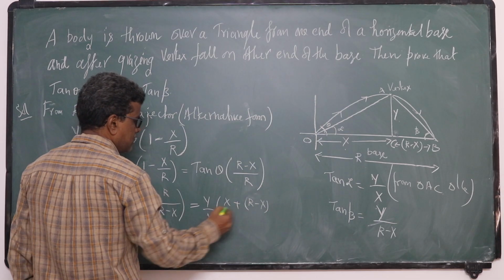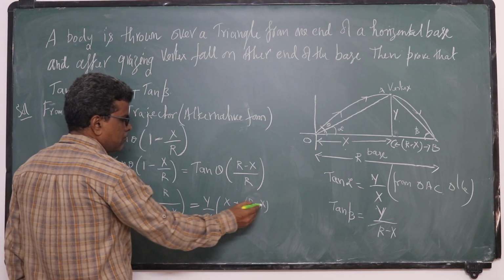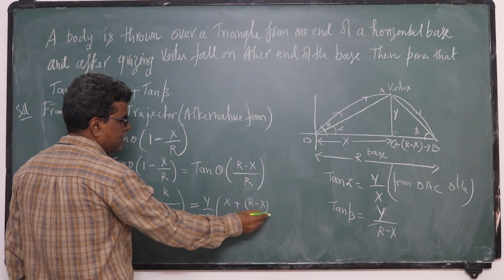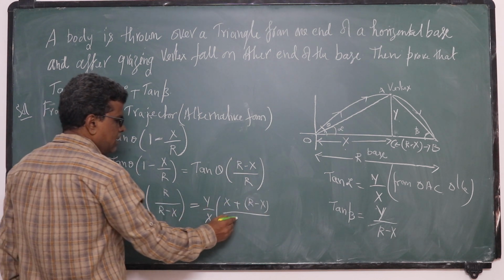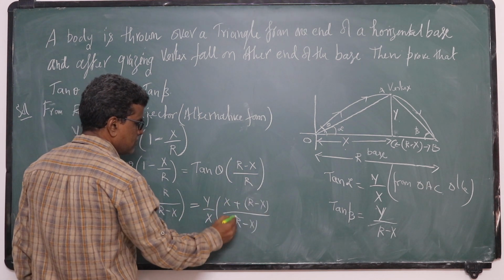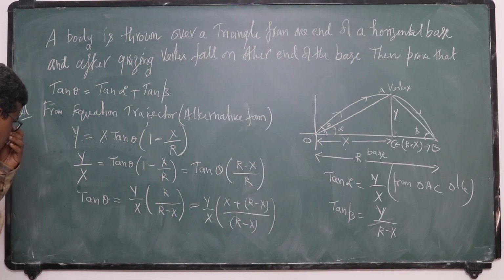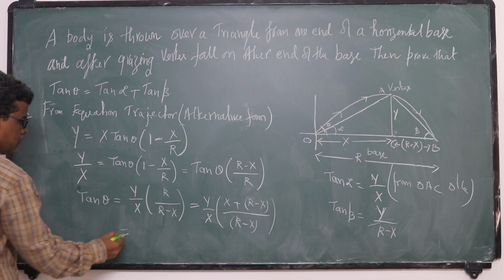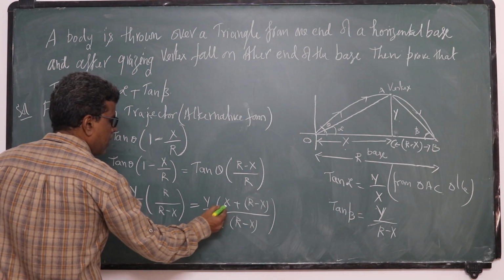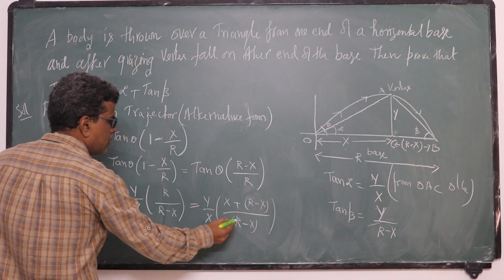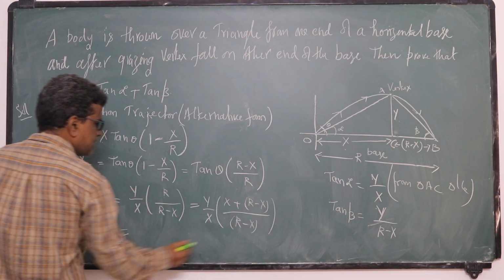Of course, both are same. It is equal to r, because this minus x plus x get cancelled by r minus x. Okay. So here you apply this one. So r by y by x into x by r minus x.